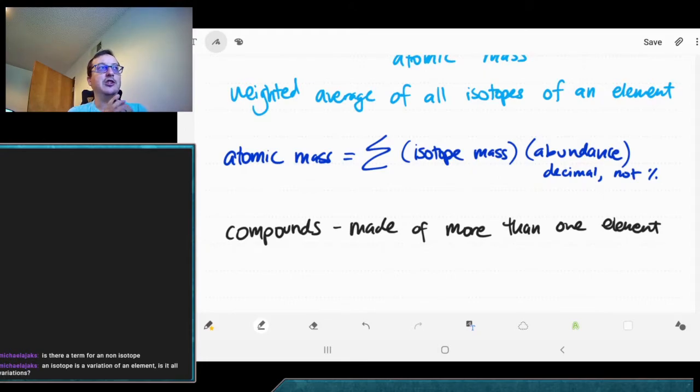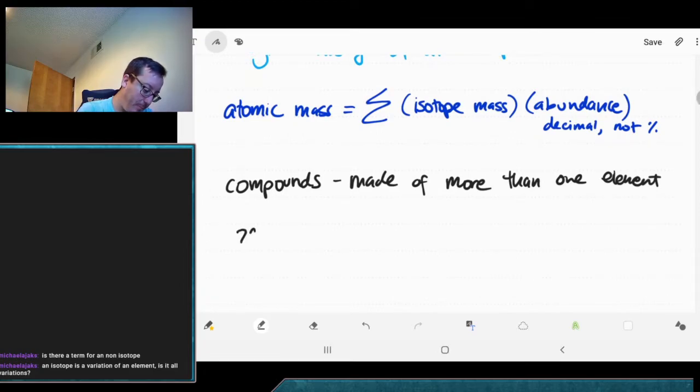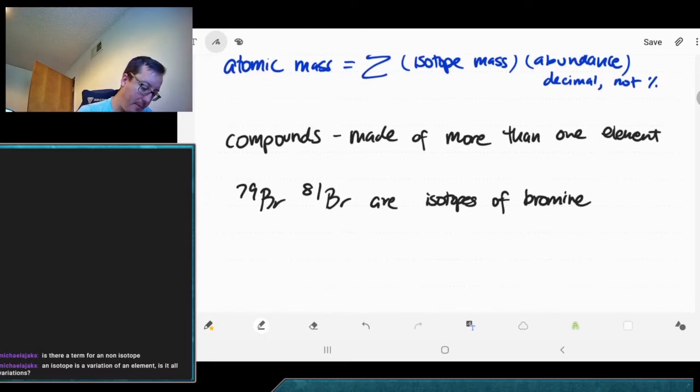So each element has a certain number of isotopes, and they are all called isotopes of that element. So we would say that these are isotopes of bromine. And we would say that, what's chromium I'm thinking of?